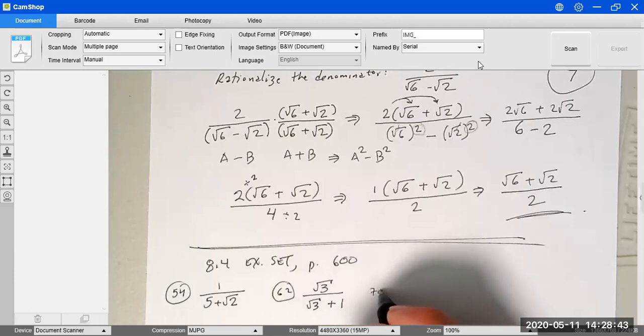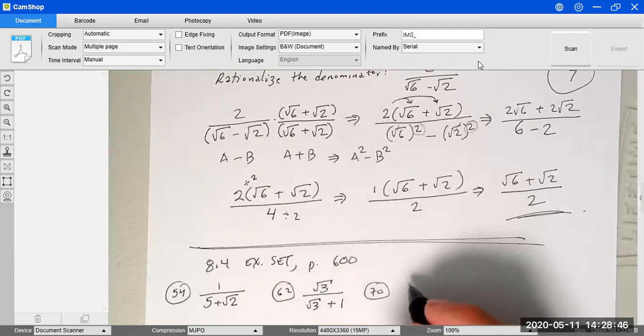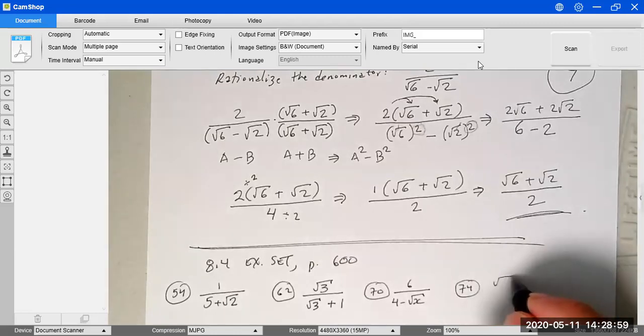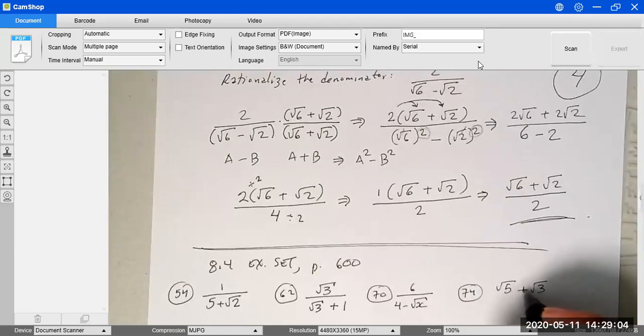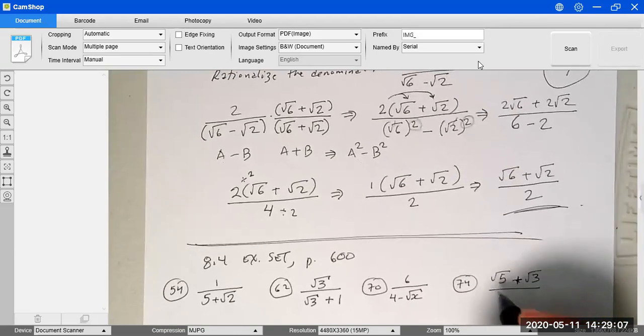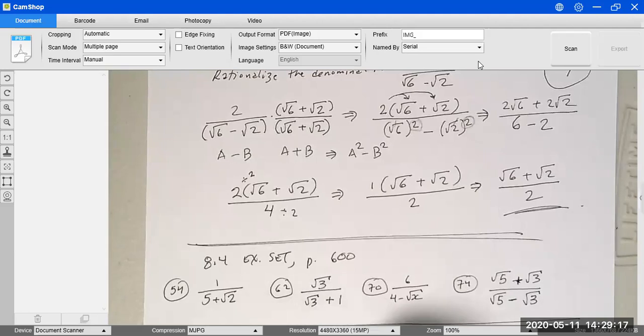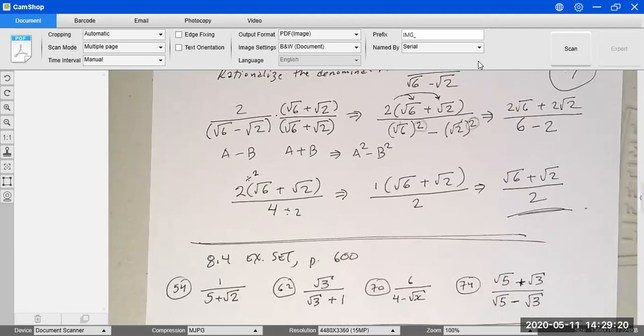Then we have problem 70, which is 6 over 4 minus the square root of x, and finally 74 is radical 5 plus radical 3 over radical 5 minus radical 3. So try to solve these problems, and then we're going to continue with the next section.